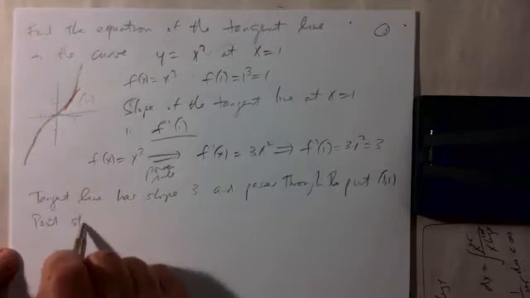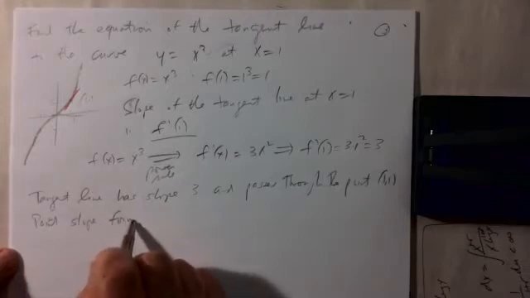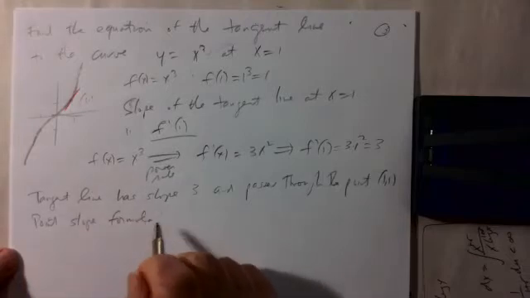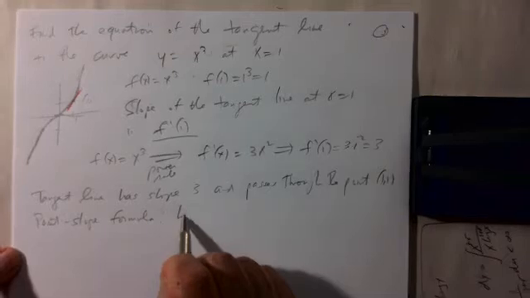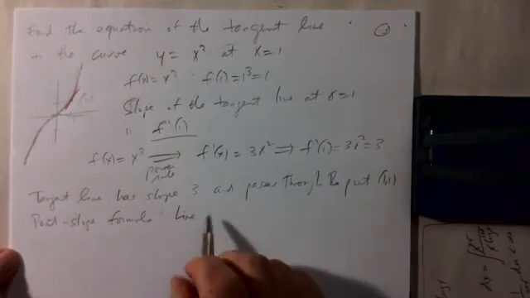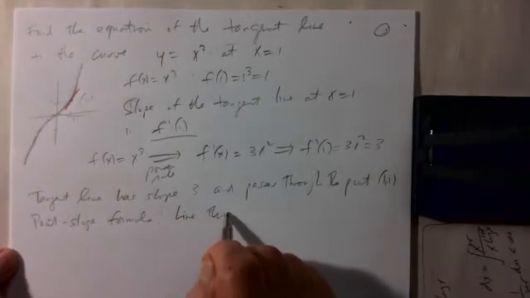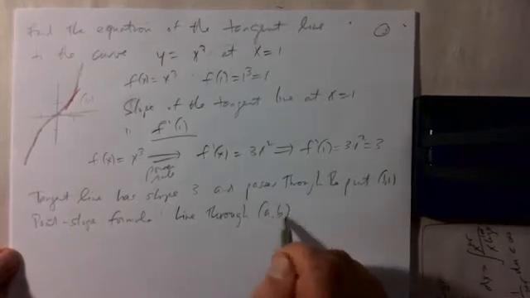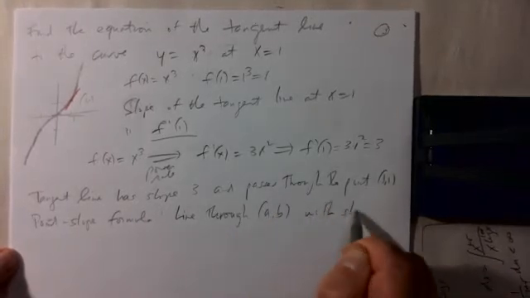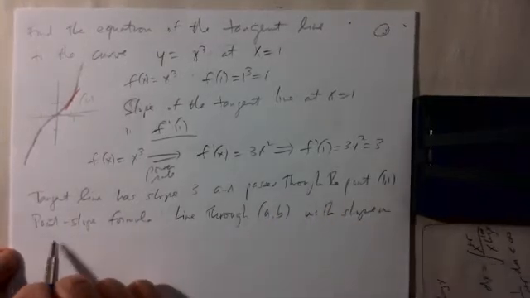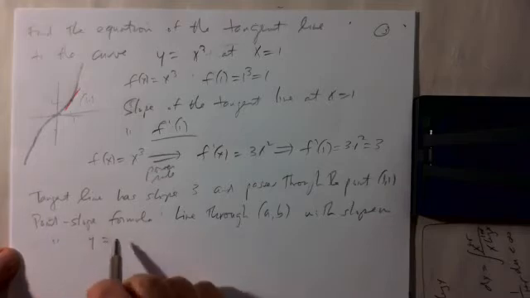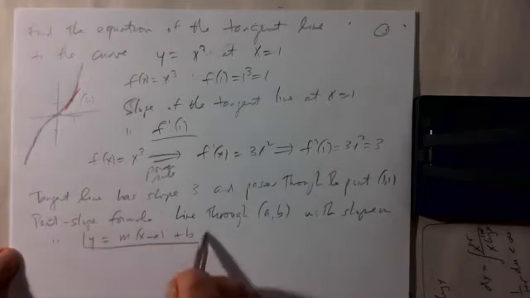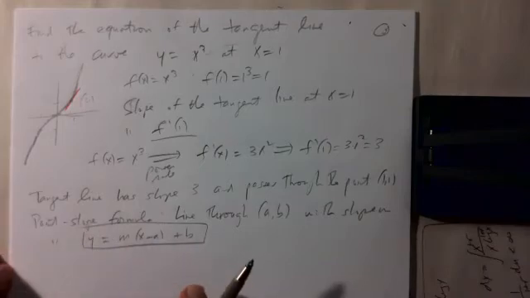So we use the point slope formula. The point slope formula says the line through any point a, b with slope m is y equals m times x minus a plus b, right?